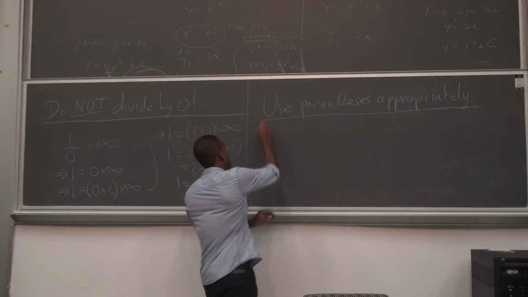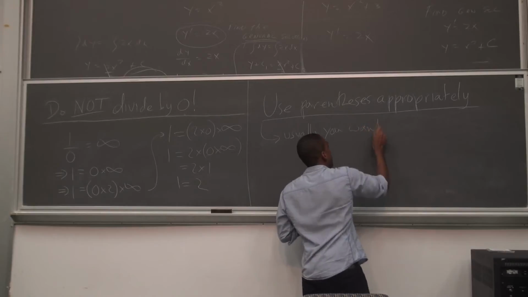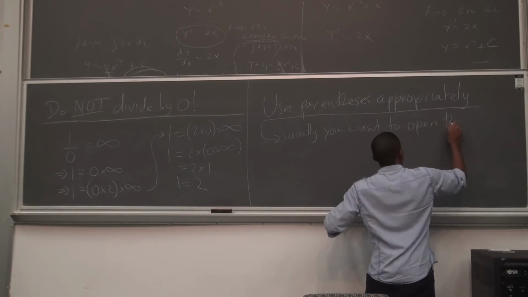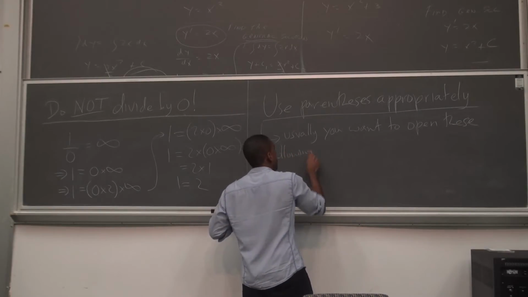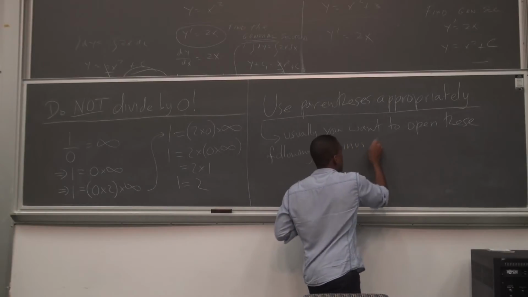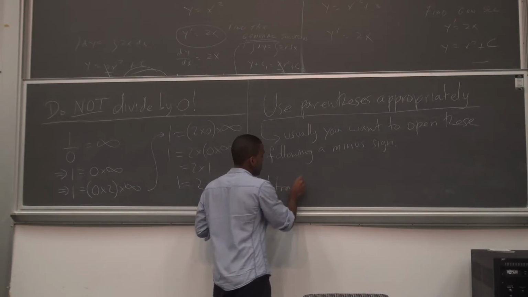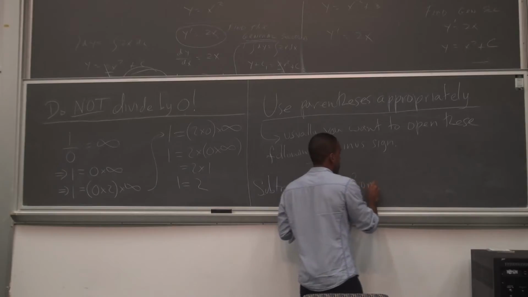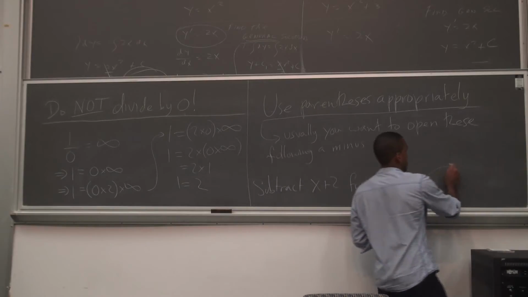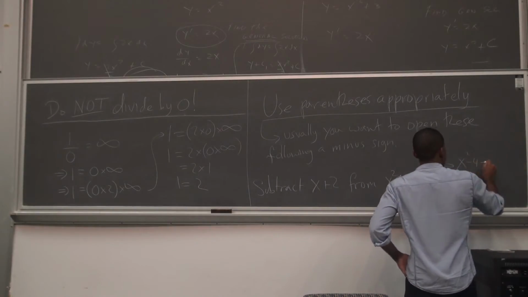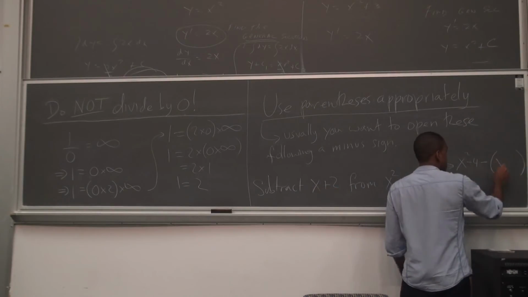Usually you want to open these following a minus sign. That's something you should be aware of. For example, if I say subtract x plus 2 from x squared minus 4, then you'd write x squared minus 4 minus, and when you put that minus and you want to write the second term, open parenthesis, and you put the second thing.